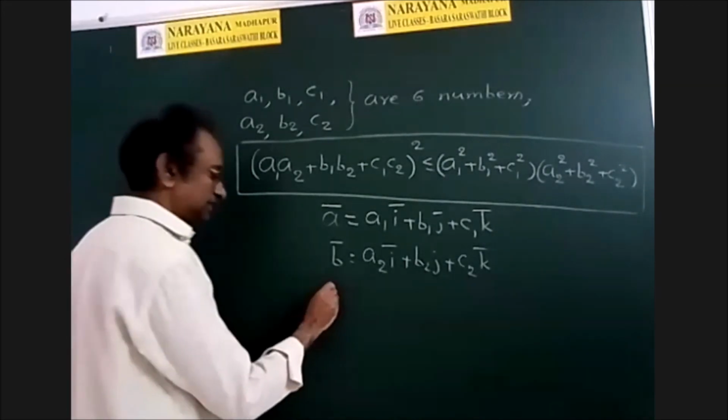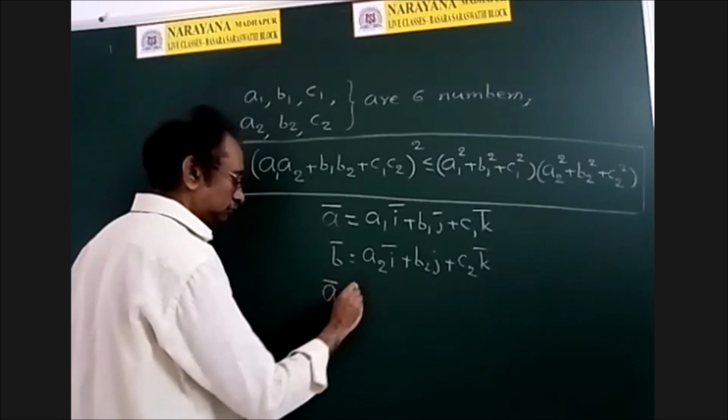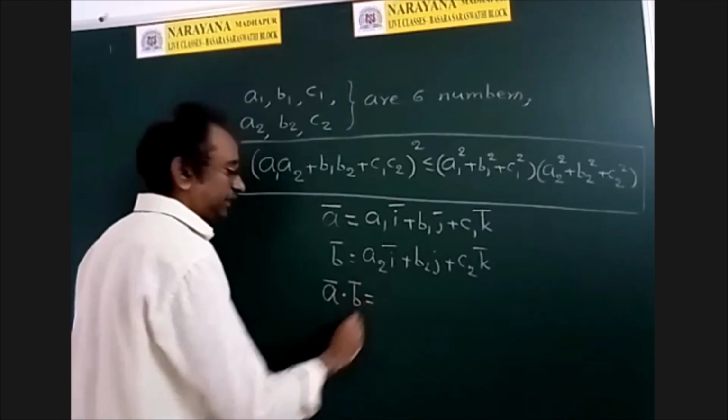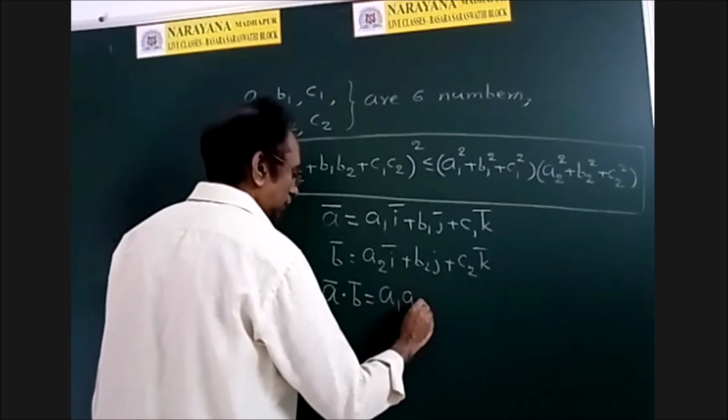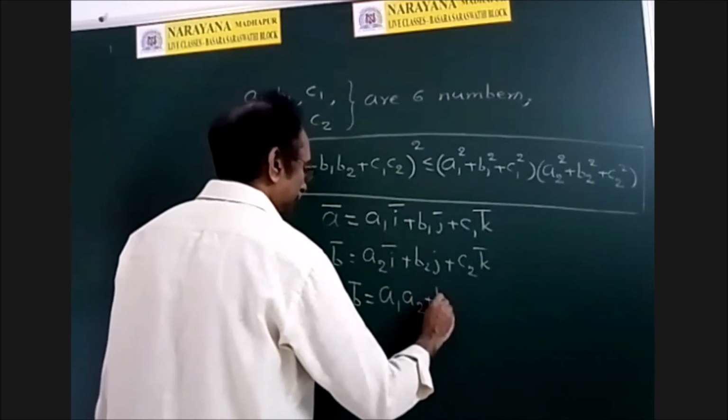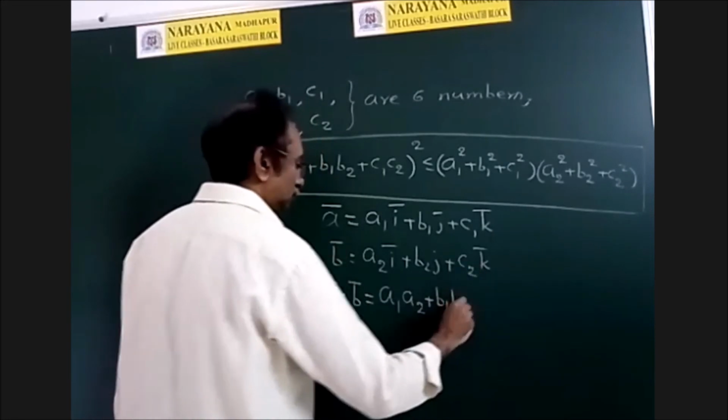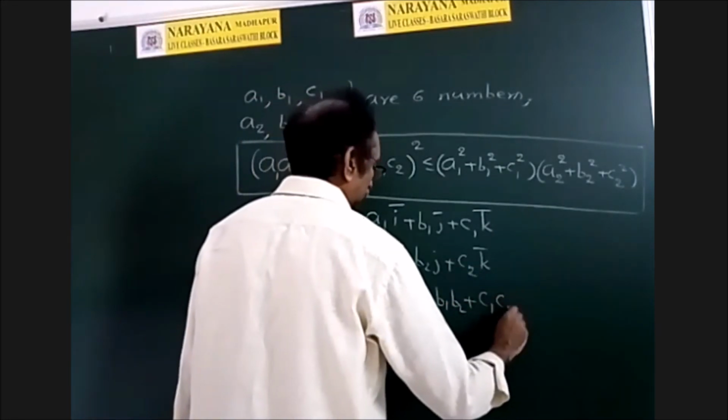Then what is A bar dot B bar? A bar dot B bar is equal to A1 A2 plus B1 B2 plus C1 C2.